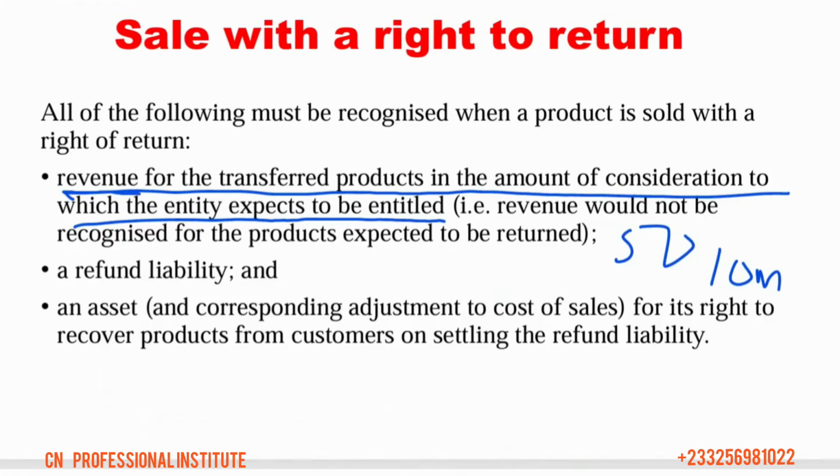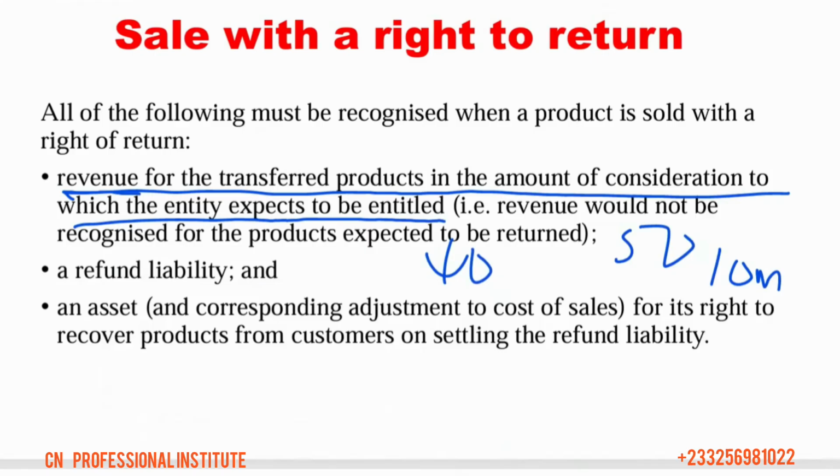You've given the customer a particular time during which he or she can return the goods. So let's say you tell the customer, from January you can return 10 million. Now, at the time that you are transferring the goods, you are selling the goods, even though the total value is 50 million, you don't have to record the 50 million. You have to record only 40 million.